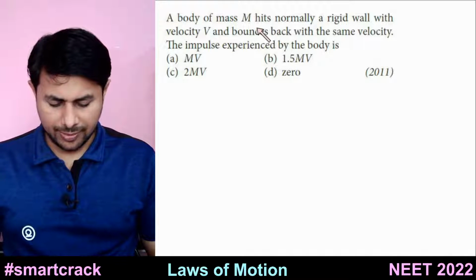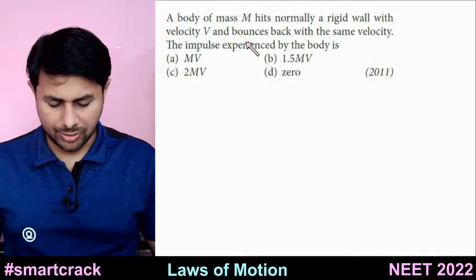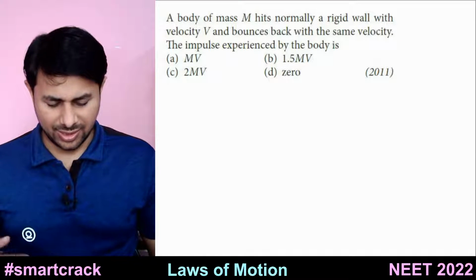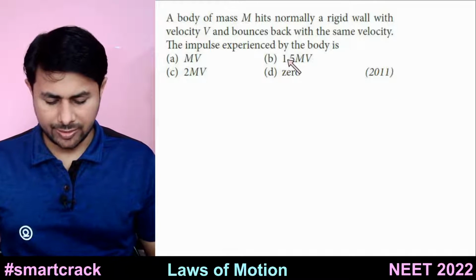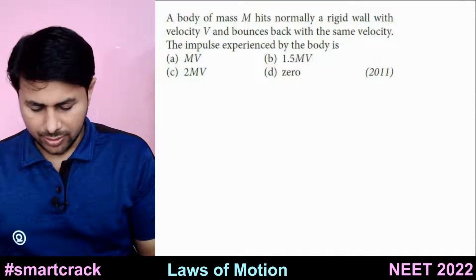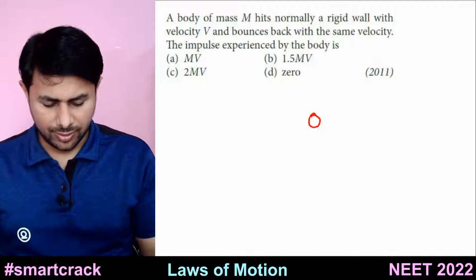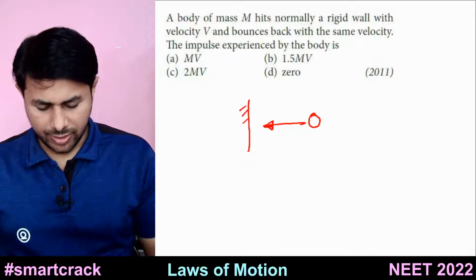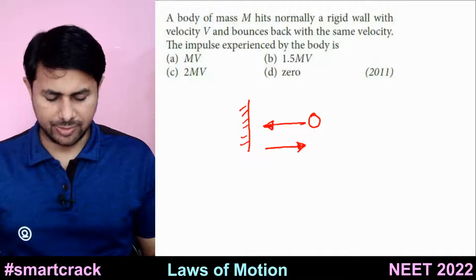A body of mass m hits normally to a rigid wall with velocity v and bounces back with the same velocity. See, it's a similar problem, and this is an easier one. It's from NEET 2011. The impulse experienced by the body is, what is impulse? It is the change in momentum. So there is this body, let's suppose this ball, it hits this wall with some speed v and it bounces back with the same speed.